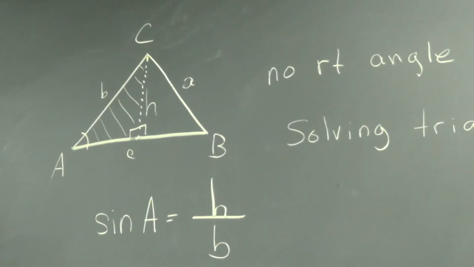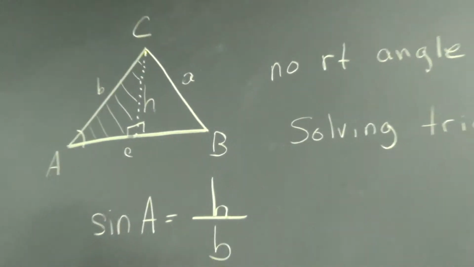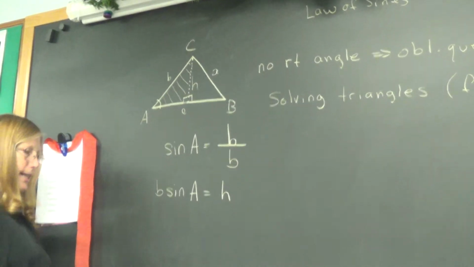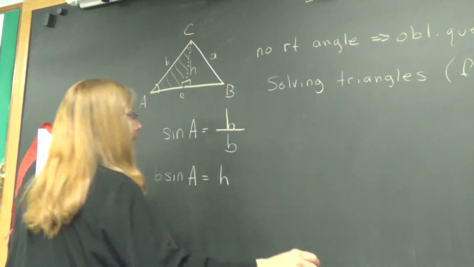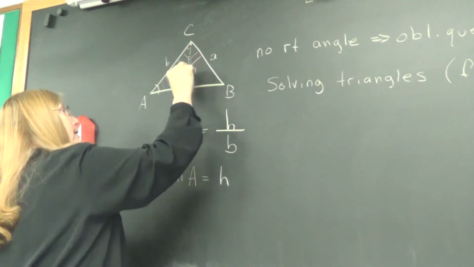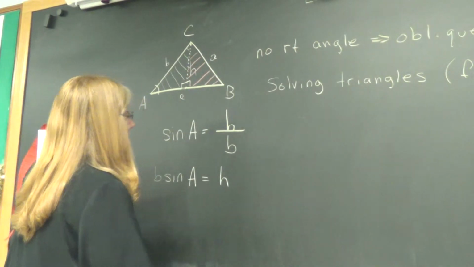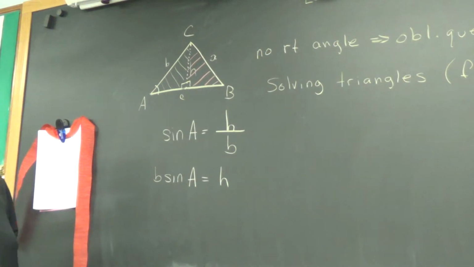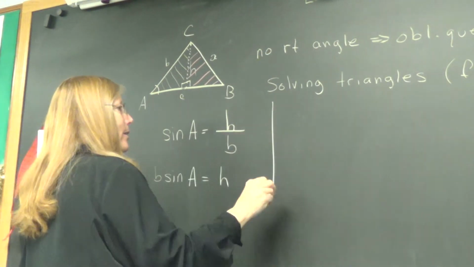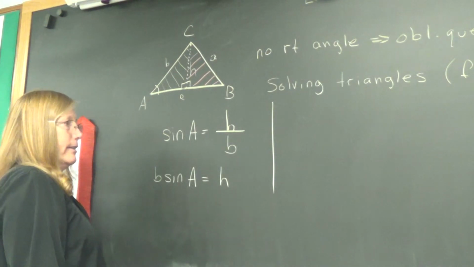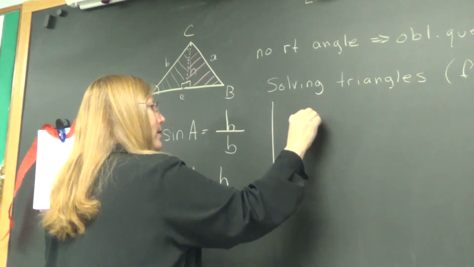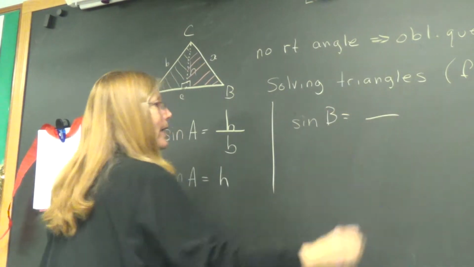Let's solve that for H by multiplying both sides by B. The B can hop over here and be equal to H. All right, so now I'm going to do the same thing to the other side. And the candy cane striped triangle on the right, in keeping with the theme of the day. So let's look and see what that is. Now I want the sine of angle B is something divided by something.